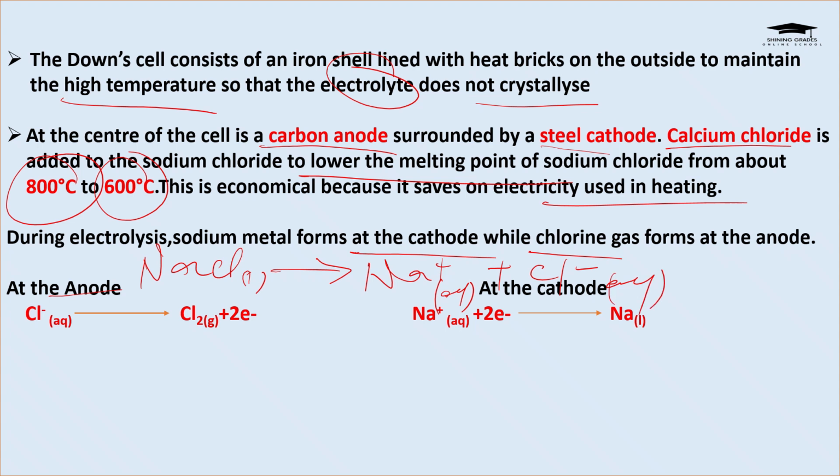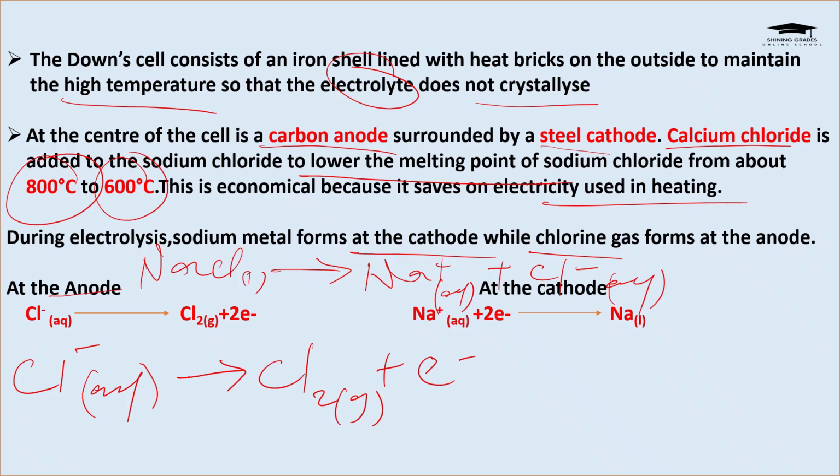At the anode, chloride ions lose electrons to form chlorine gas, with the release of one electron, which we balance with a 2 to balance the atoms of chlorine.